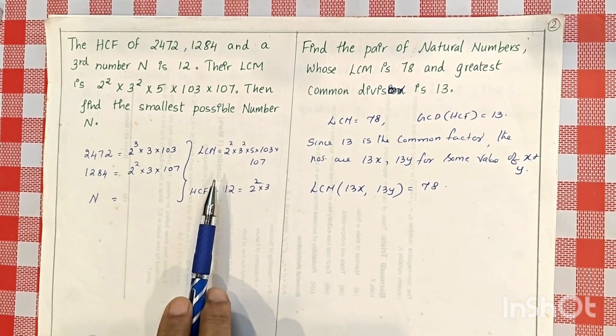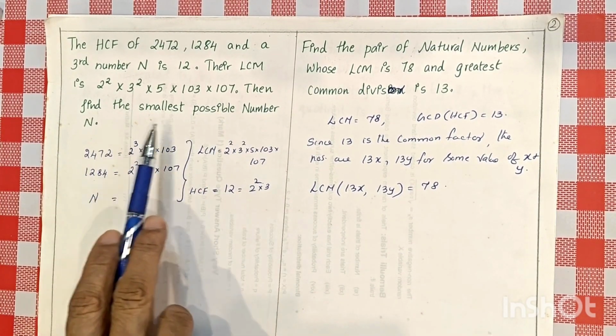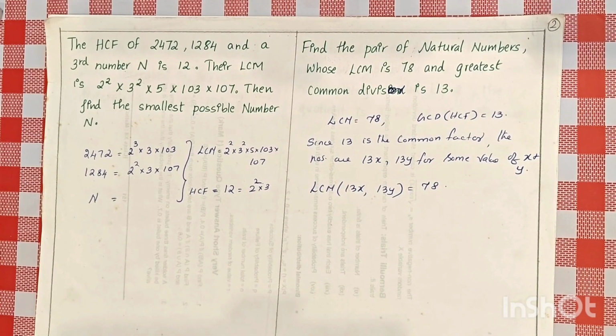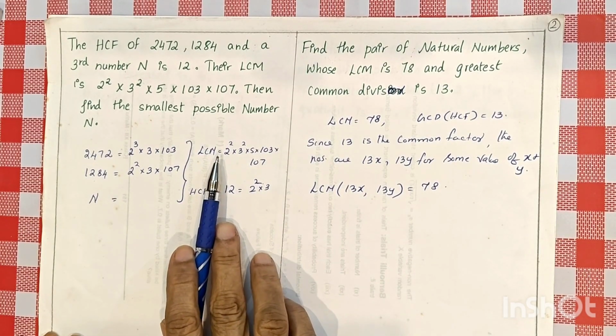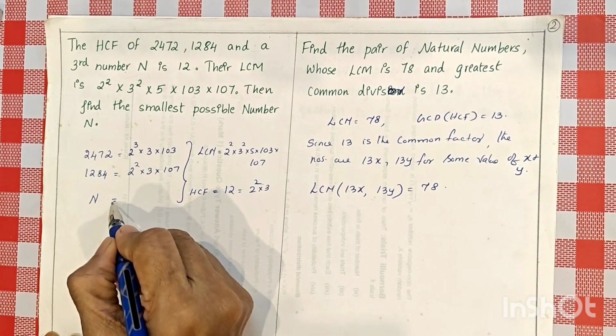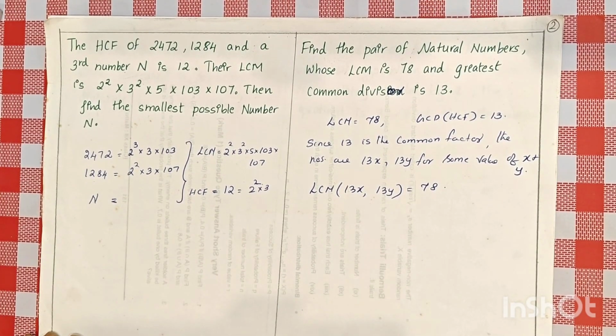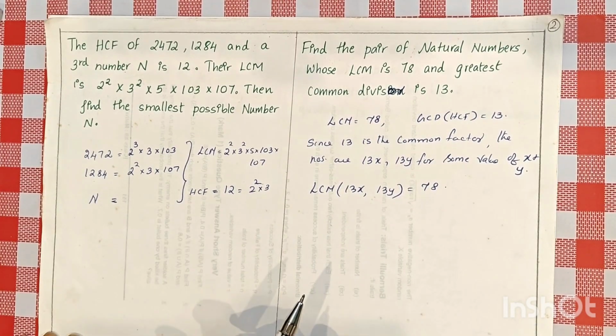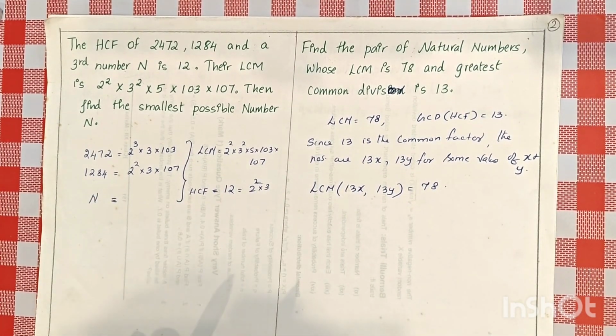Now you have to find the smallest possible number; we cannot find the exact number, but the smallest possible number we can find from the given information of LCM and HCF. So how to find? We have to use the concept of LCM and HCF, how you found LCM and HCF from the prime factorization method.